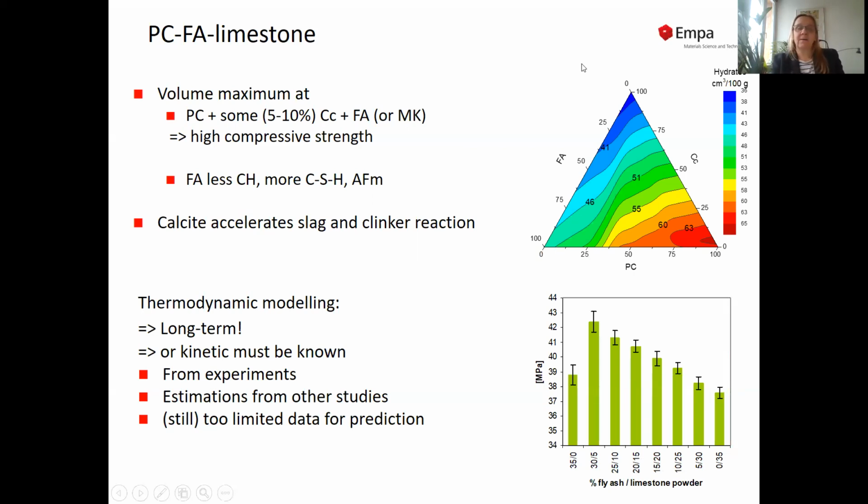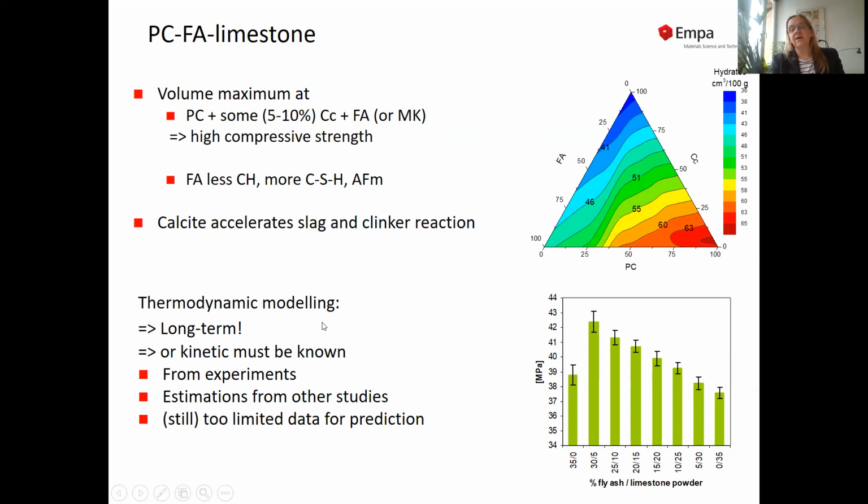We can have a volume maximum, also a strength maximum, if we mix Portland cement with some limestone and fly ash or metakaolin, and we can obtain a high compressive strength, in particular at a bit later ages. If we do that, we obtain less Portlandite, more CSH and AFm phases. In addition, calcite has been observed to accelerate the slag and the clinker reaction.